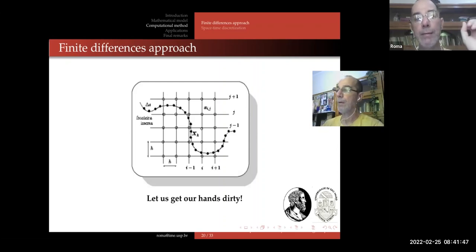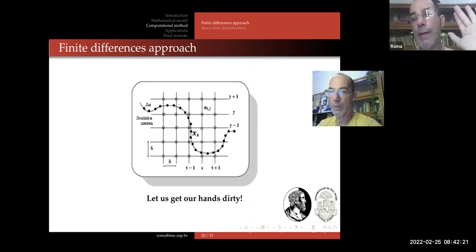On the other hand, you have here a piece of immersed boundary, and you also have to perform some kind of discretization. The black bullets are the points along the immersed boundary that I will consider. So I have these points where I will approximate the solution of my mathematical model.